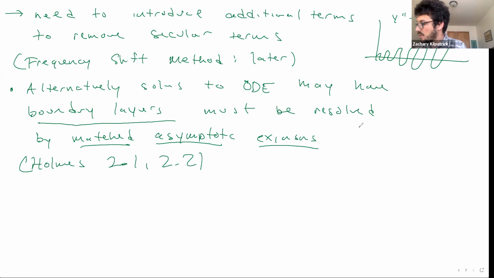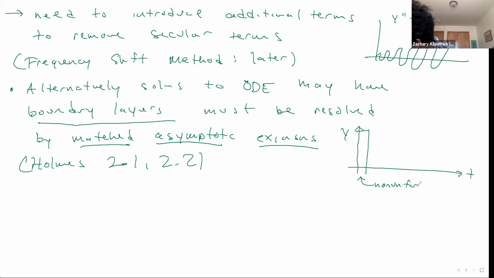But the idea with a boundary layer might be that you have some equation, right? Some ODE on T, and here's your Y, and your region of non-uniformity happens right at the boundary, okay? But then your outer region here is fine, okay?